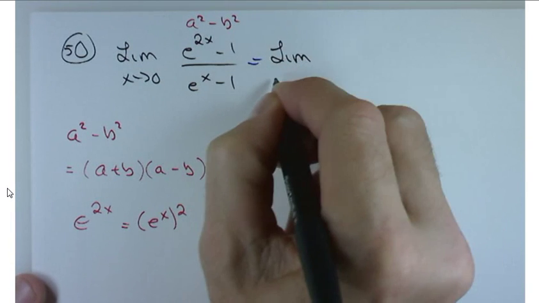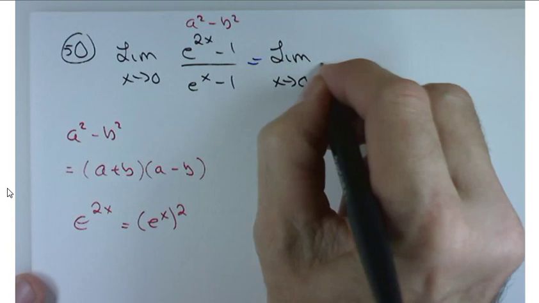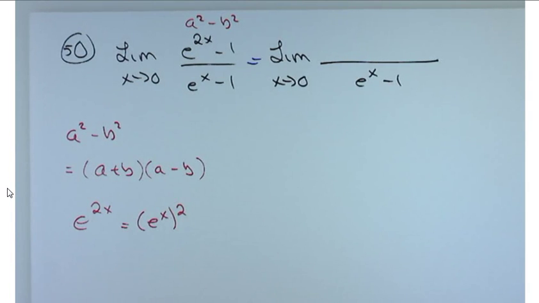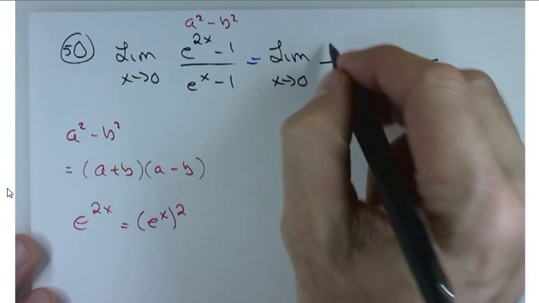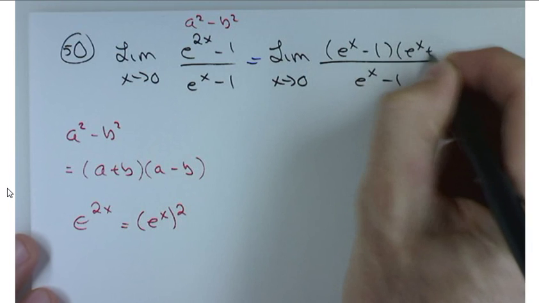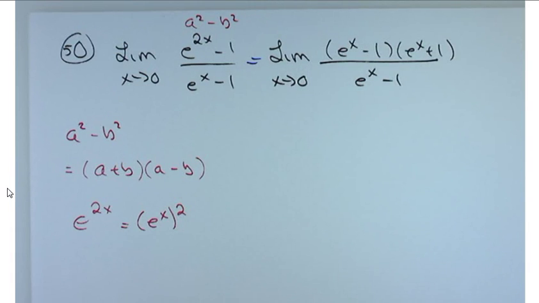Limit as x approaches 0, e to the x minus 1. Somebody factor that for me. There you go. E to the x minus 1 times e to the x plus 1. So like I said, it takes a little bit of finesse to look at that and realize that that's a difference of squares.